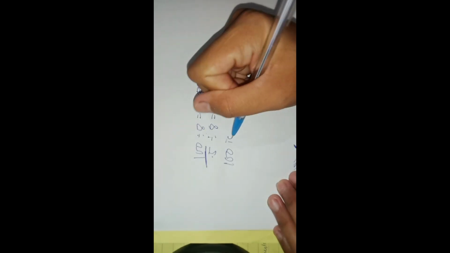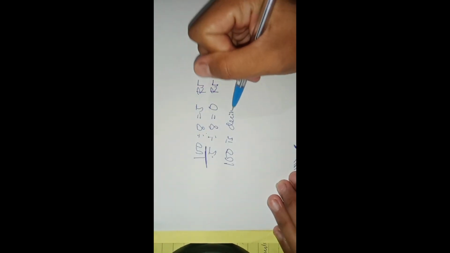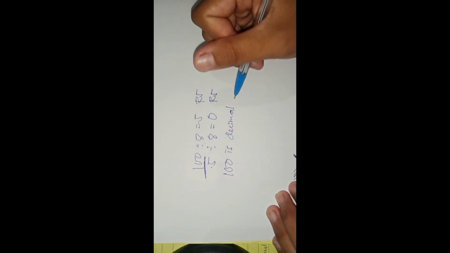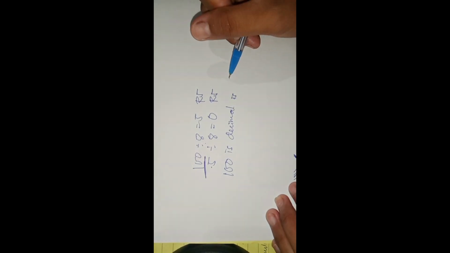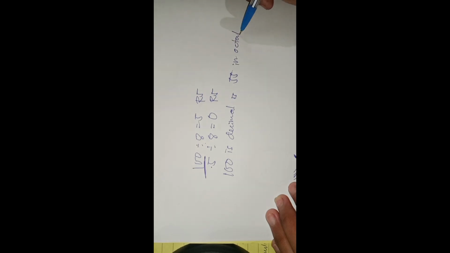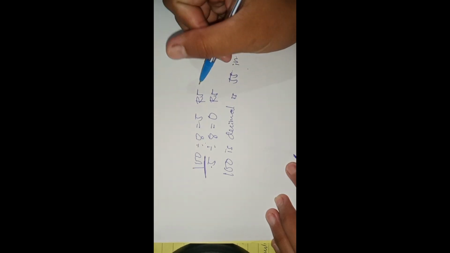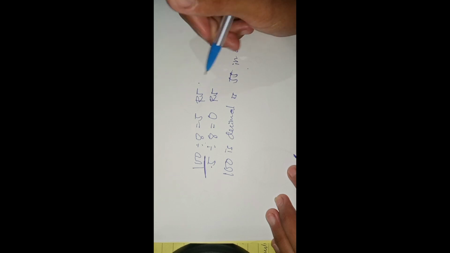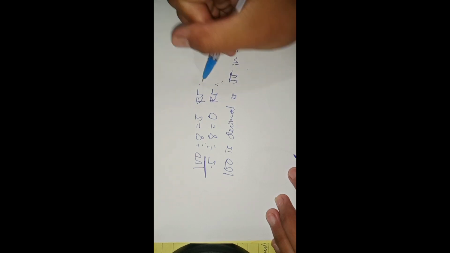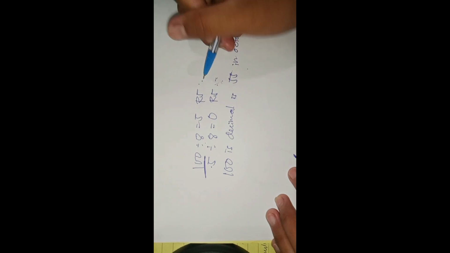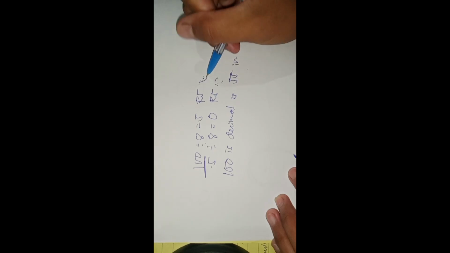So, 100 in decimal is 144 in octal. Why 144? Because we read the remainders from bottom to top.